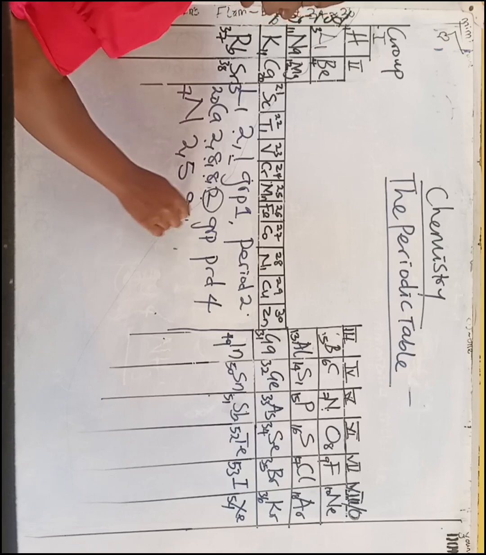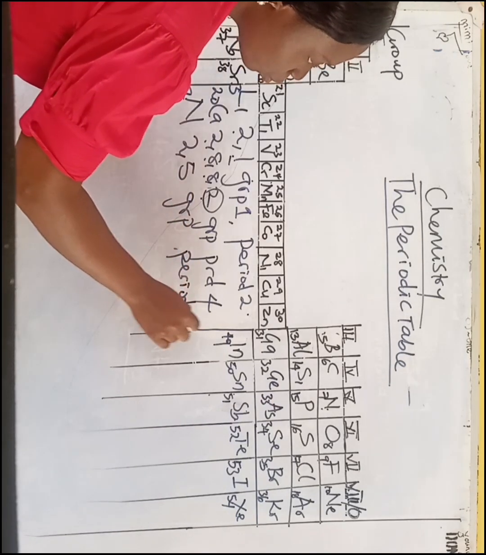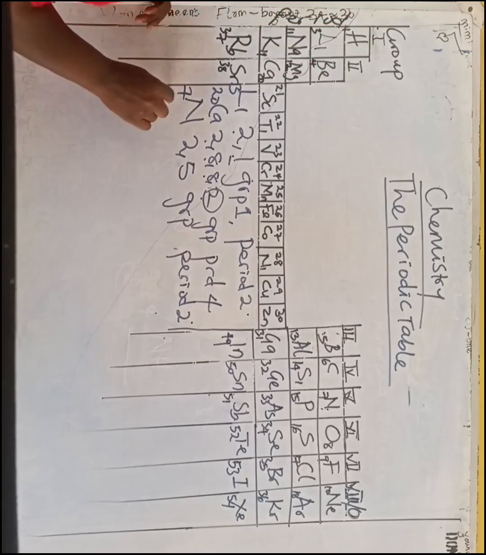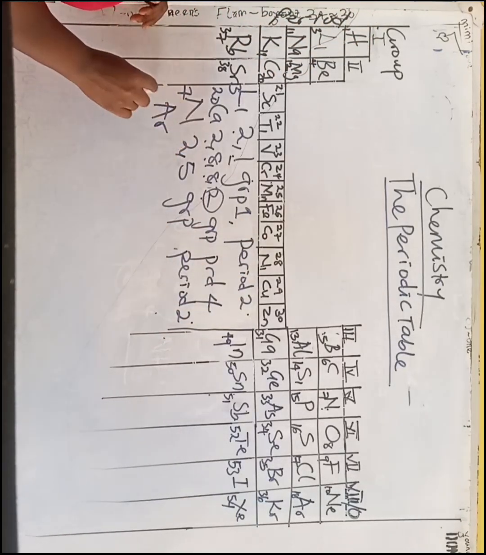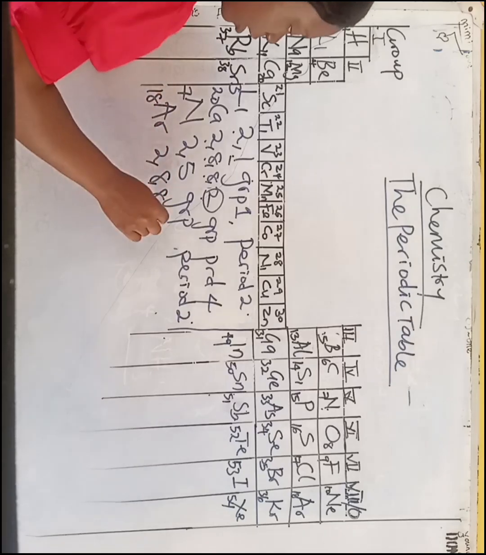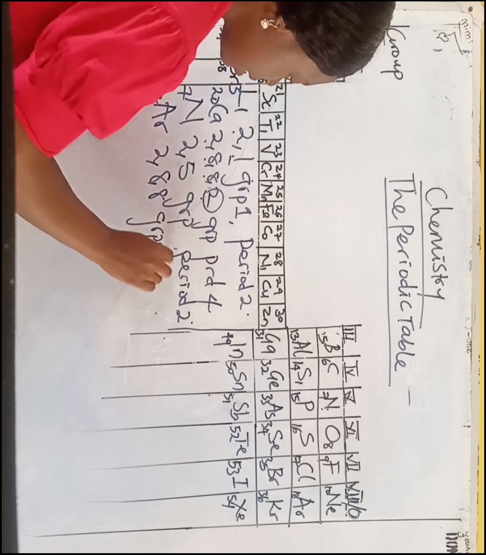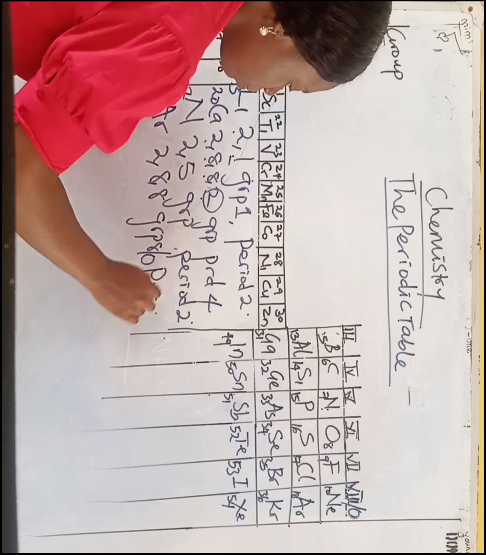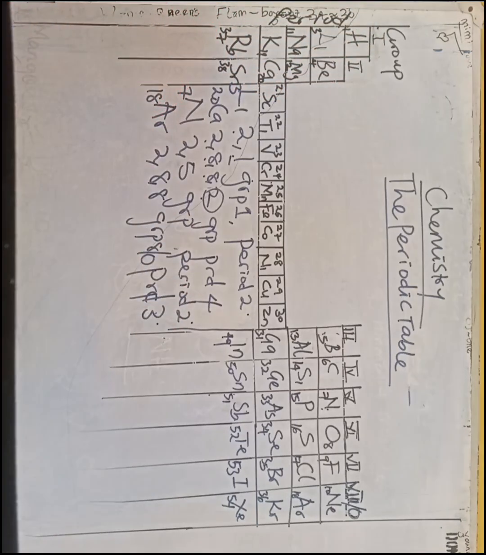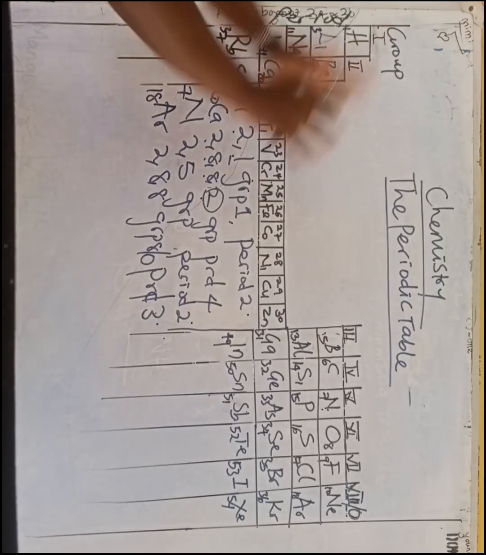So it's in group 5, period 2. Okay, let's do argon. Argon is 18. 2, 8, 8. It is in group 8, or we say group 0. I'm still going to explain that, and it is in period 3.